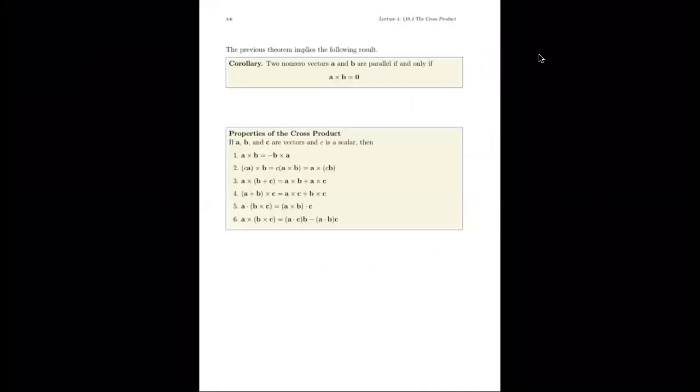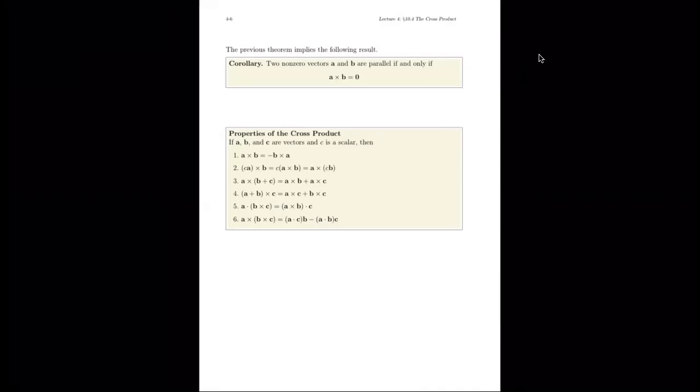Okay, so two non-zero vectors A and B are parallel if and only if A cross B is equal to 0. So that's a nice fact to have around. We know that two vectors are perpendicular if A dot B equals 0, which implies that A is perpendicular to B. Now we have a check using the cross product to show that two vectors are parallel.